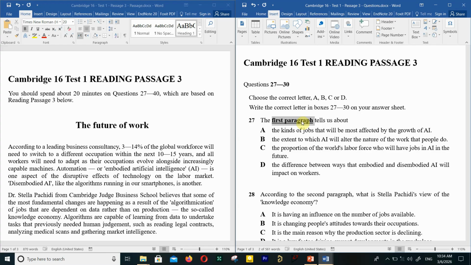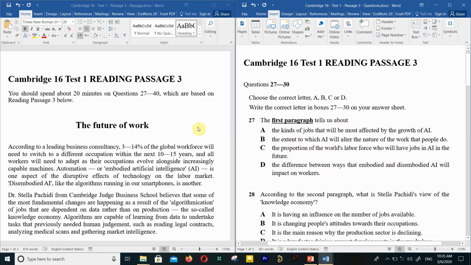Sometimes you can match a sentence with the options, but most of the time you have to go through the whole paragraph in order to answer this type of question. And don't go through the answers first, because it is really difficult to find the keywords of all these answers. This is going to take so much time. So, the first paragraph tells us about what?